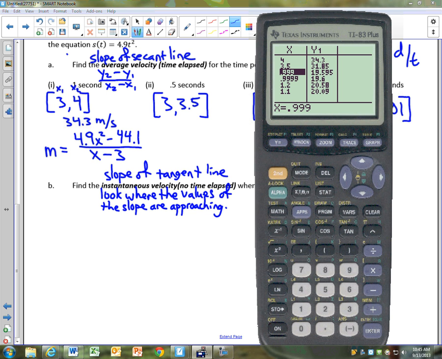So what am I doing with the x value? The x value is getting closer to what number? I want to approach the number 3. I want to get close to time 3 to find out the instantaneous. 31.85.